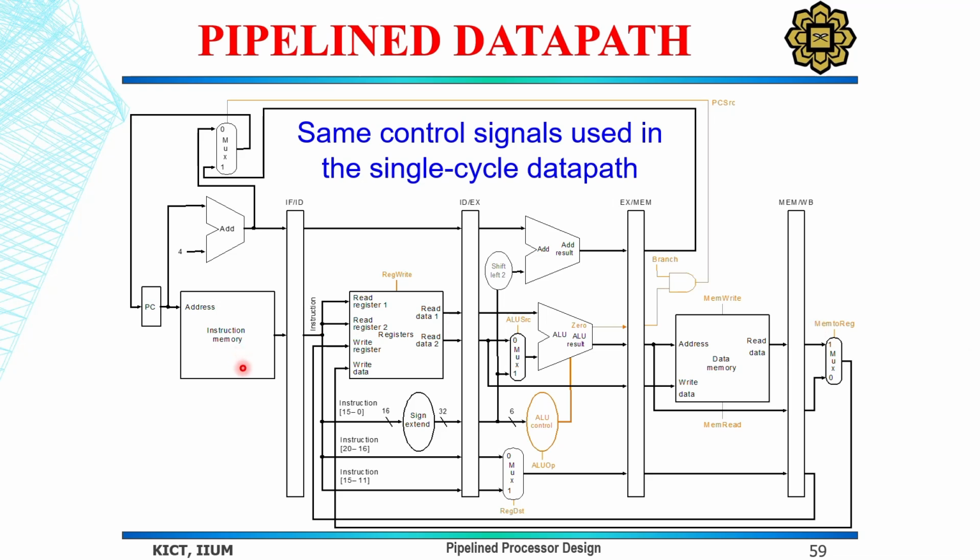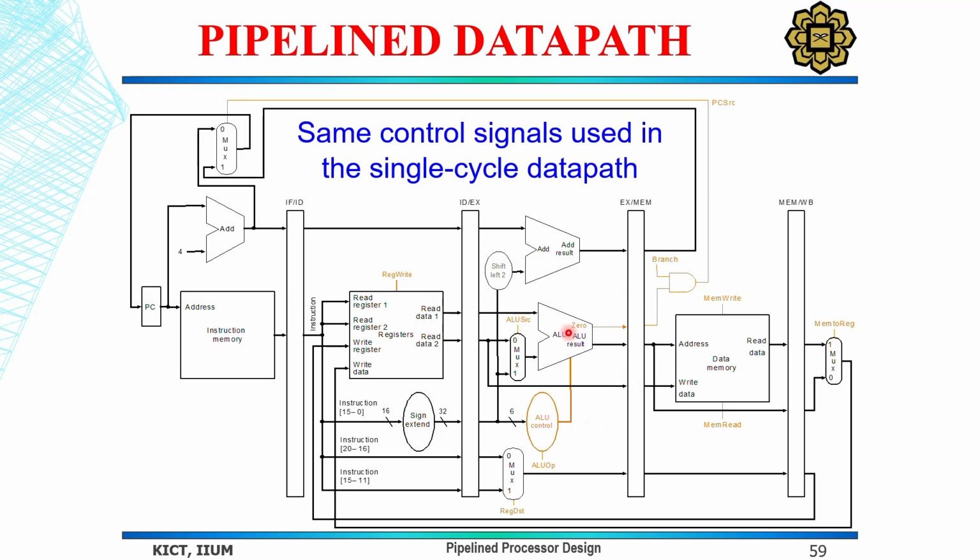Like here, the instruction memory: simply the instruction is fetched and the program counter is computed and incremented by 4. Then at the ID stage, the instruction from IF is decoded, RS, RT, and it reads data 1, reads data 2, then the immediate number, and these are all passed to the next stage.